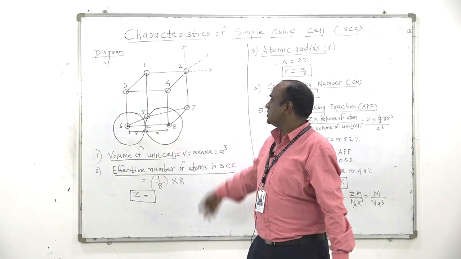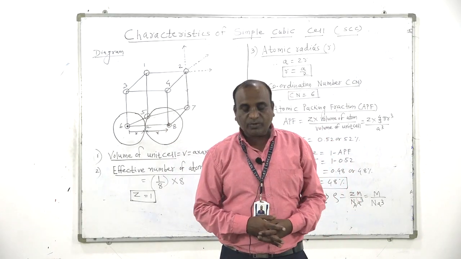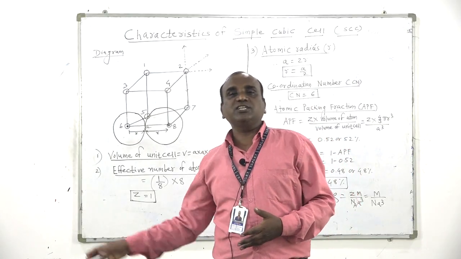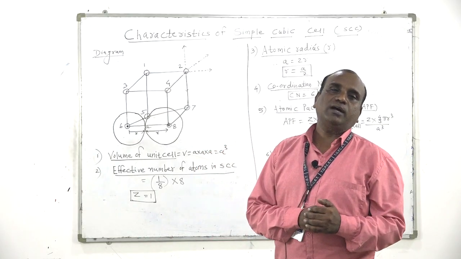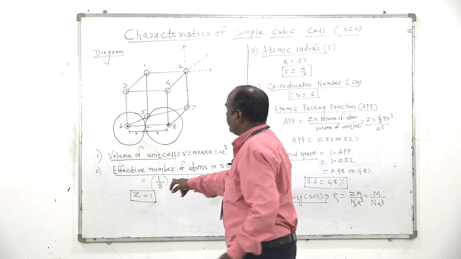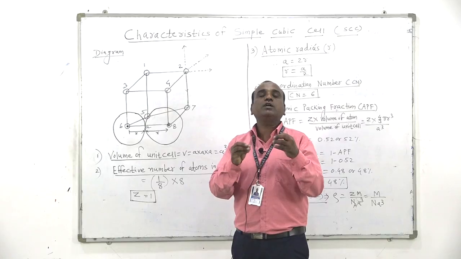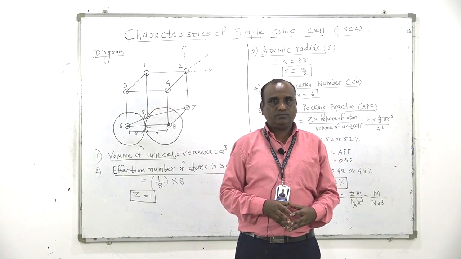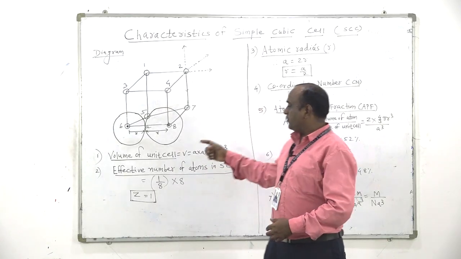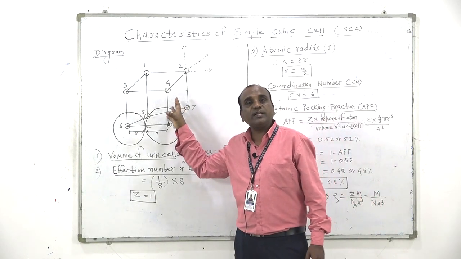So in that case, what is the effective number of atoms? To calculate this term, we should know the formula. That formula is the fraction of each corner atom multiplied by total number of corner atoms. Students, here if you observe, the fraction of each atom: how many atoms are here?